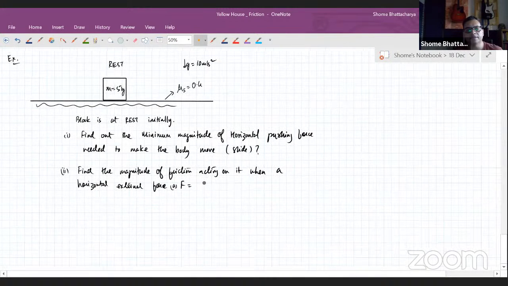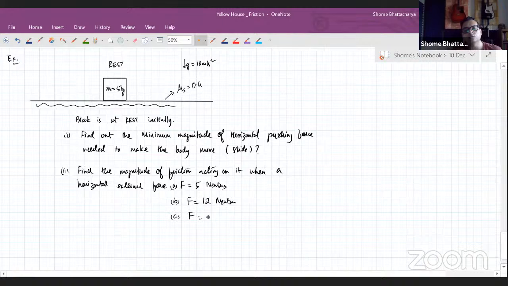The first part, the magnitude of the force that we are applying is 5 newtons. Second part, the magnitude of the force we are applying is 12 newtons. And third part, the magnitude of the force we are applying is 18 newtons, is applied on it. Then we'll do a third part also, but first just work out these parts and tell me the answers.